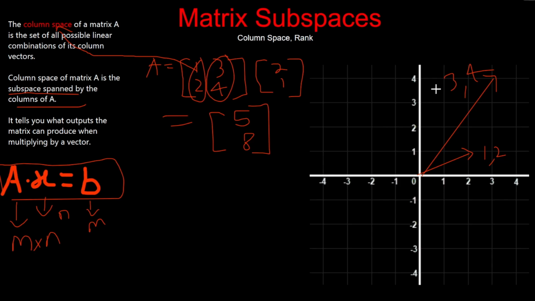In the previous case, we just had everything on a single line, so it doesn't move to the 2D plane. In that case, the rank is 1. But in this case, we have two lines, so it extends to two dimensions because we have two linearly independent columns in the matrix. That's why the rank in this case is 2.